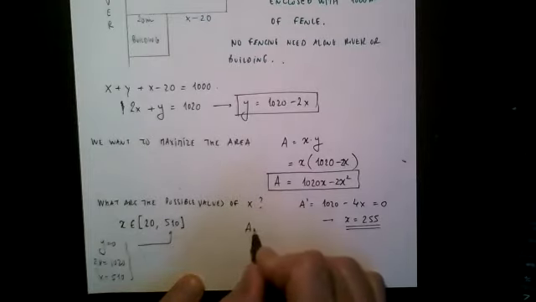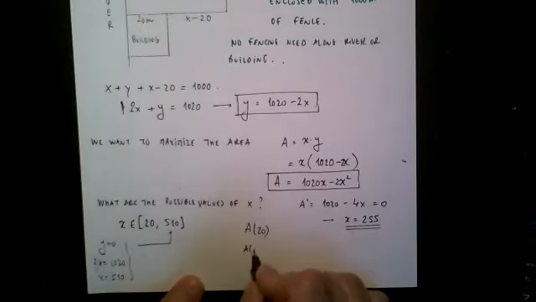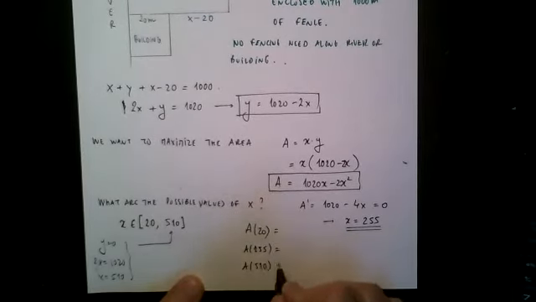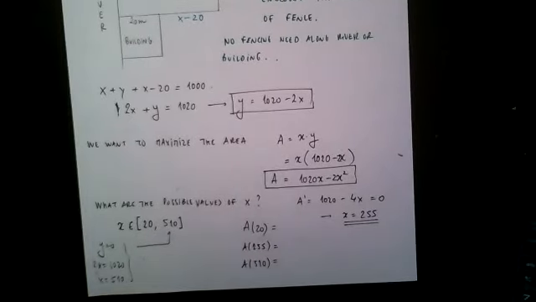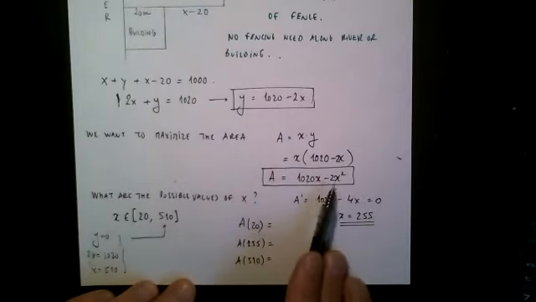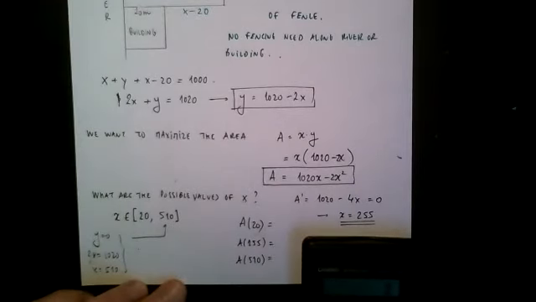Good? And then I want to find the area at each of them. So area at 20, area at 255, and the area at 510 equals what? Okay, at 20, I'm going to plug in 20 in here, and I want to see what the area is. So negative 2 times 20 squared plus 1020 times 20.